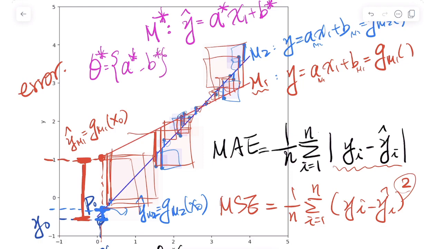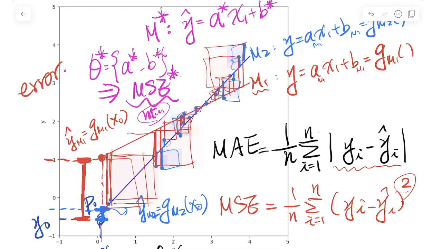No matter how many models you have, there should be one model which has optimized a star and b star. Its corresponding MSE value is MSE star because it is the minimized one. It has a minimum value of MSE.